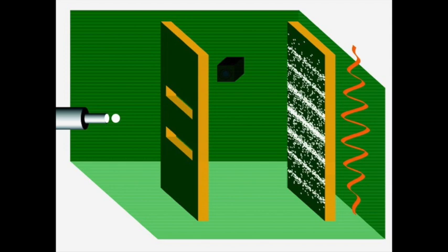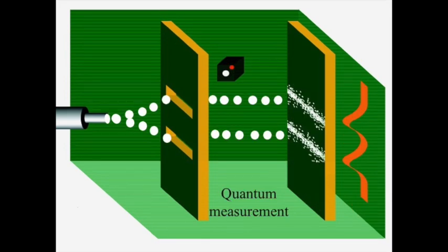So somehow on its travels, it traveled as a wave, but when it met the screen, it became a particle. But if you have the detection here at the screen, then it remains a particle all the way through.